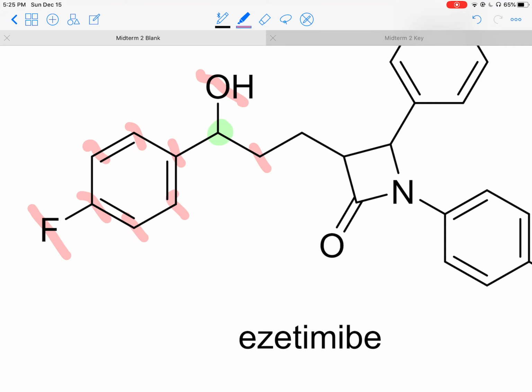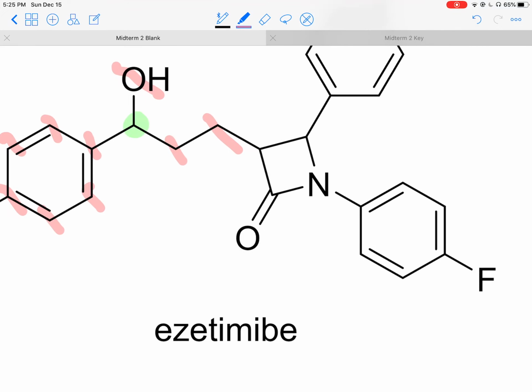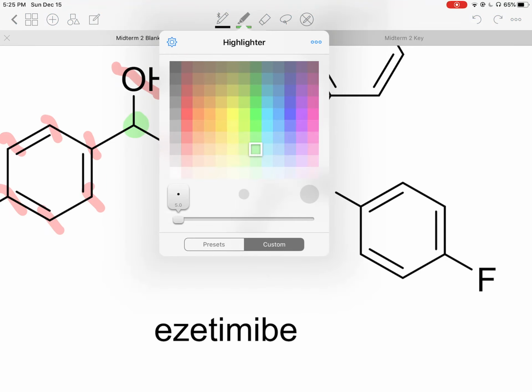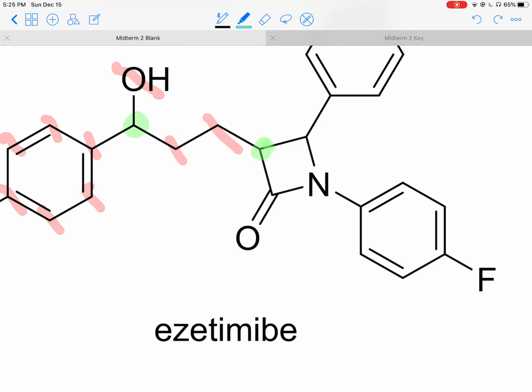It has 2 hydrogen bonds. This one is connected to this whole group. It's connected to this, and a hydrogen. So this is a stereocenter. It has 4 different groups it's attached to. Let's go back to green. That's another stereocenter.